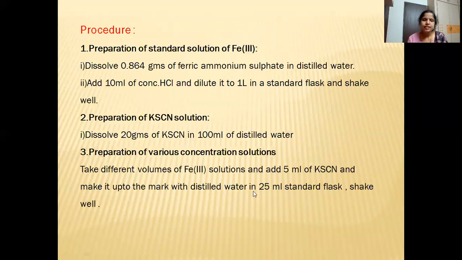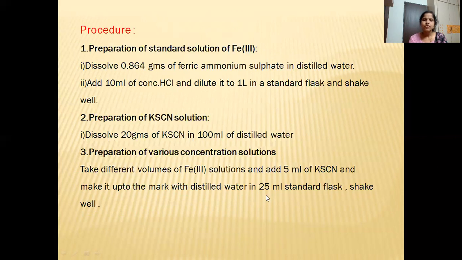Along with the standard iron solution, for each of the 5 standard flasks, we have to add 5 ml of potassium thiocyanate. And then we have to fill it with distilled water up to the mark.